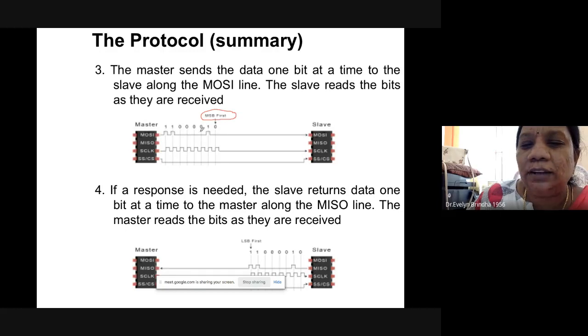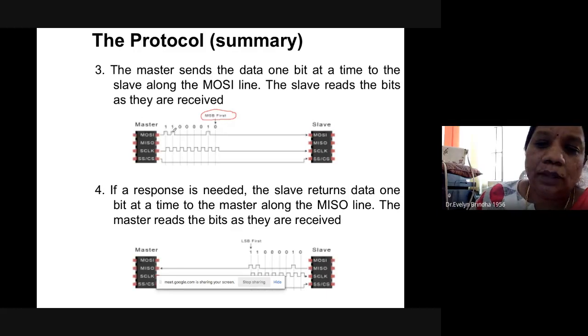So it will start sending out the data. No start bit, no stop bit. So data will be sent continuously. 1, 2, 3, 4, 5, 6, 7, 8. 8-bit data. No start, no stop. All that comes is only data, no extra bits. Got it? And which is sent out first?